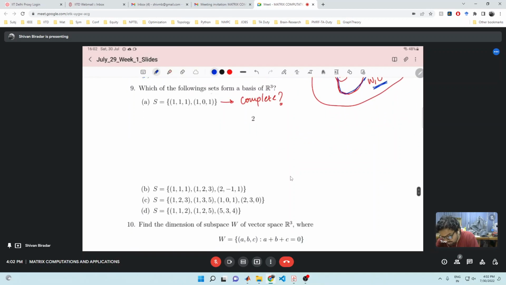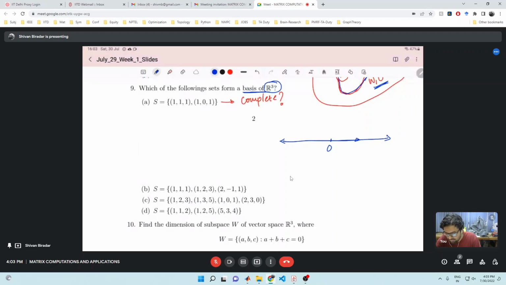So now the important question: which of the following sets form a basis of R3? Remember, we are working in three-dimensional space. As I told you, for a line, you will have one basis vector to span this whole line.